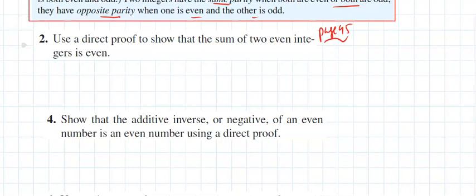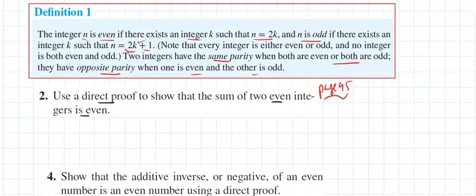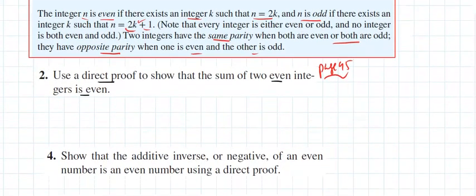It says use a direct proof. We're going to use a direct proof here on these few examples to show that the sum of 2 even integers is even. So if we're talking about even integers, let n and m be even. So let n equal 2k and m equal 2l.